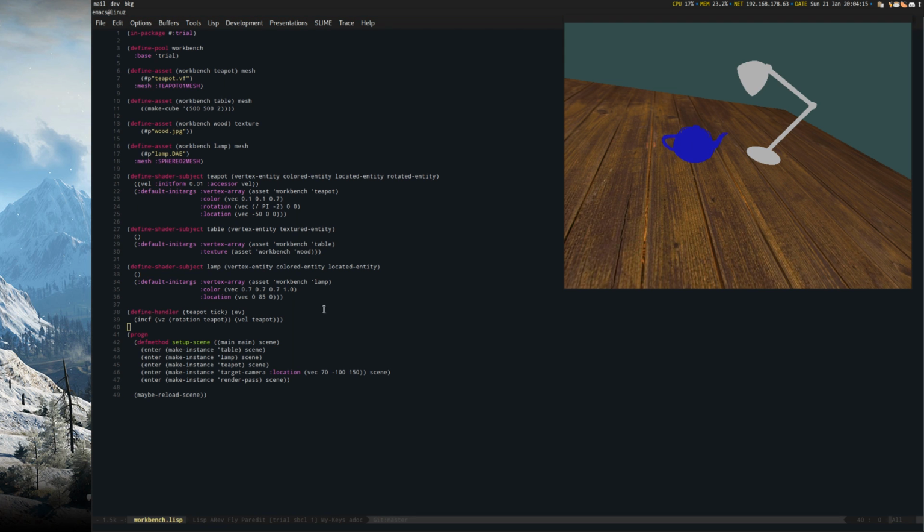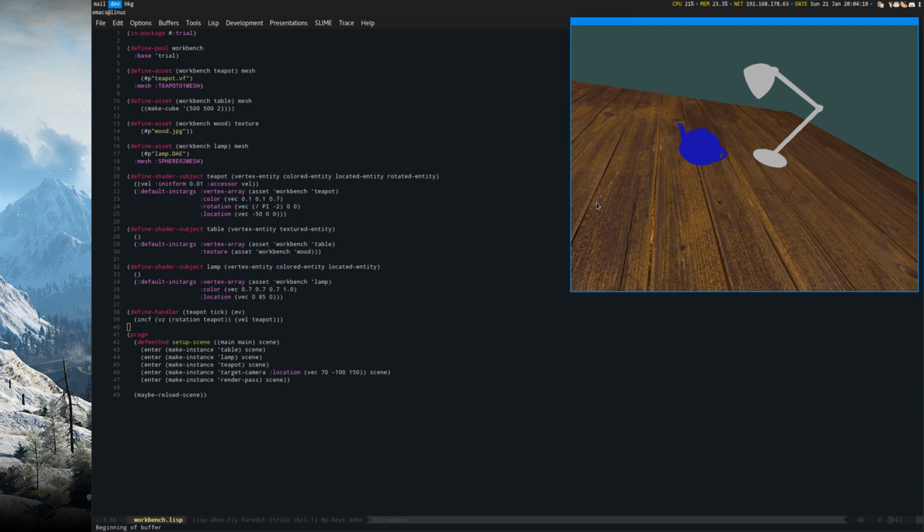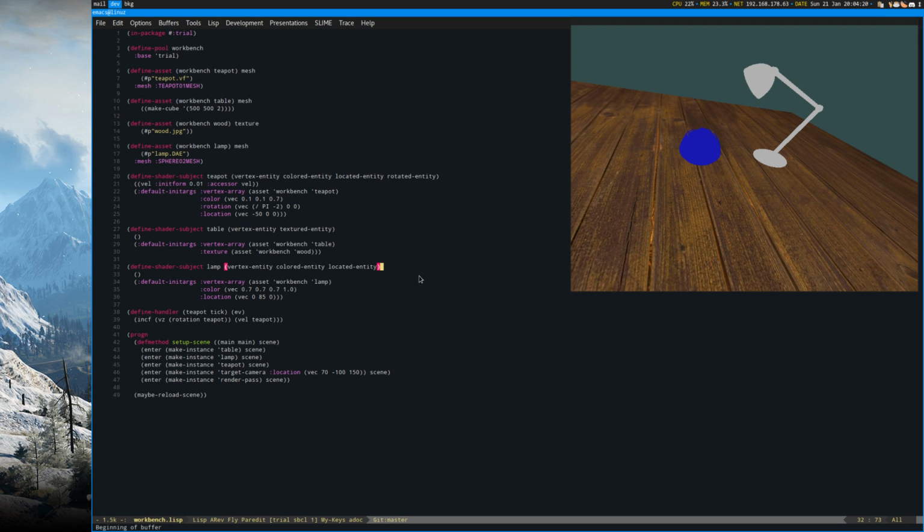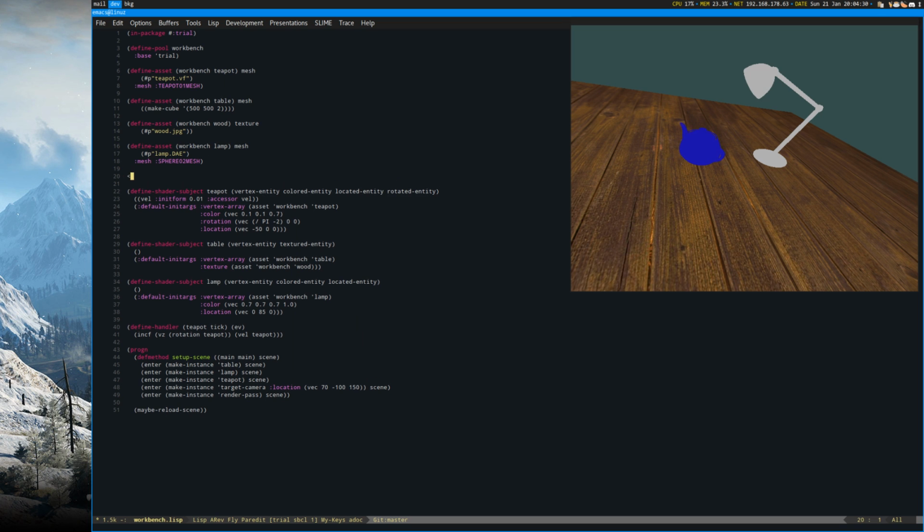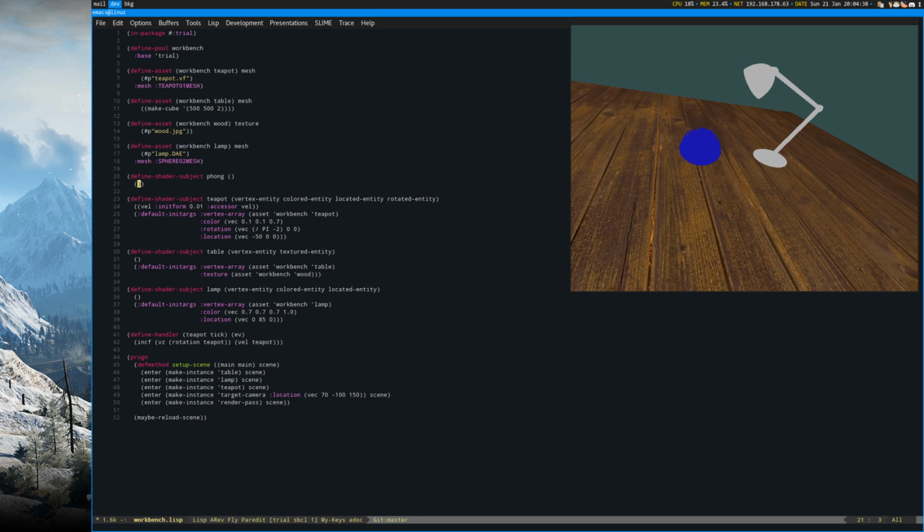So, right now we don't have any illumination at all. We also don't have any lights. So we'll have to figure that out first. I think I'm going to start out by having a shader, subject Phong, which does the rendering.